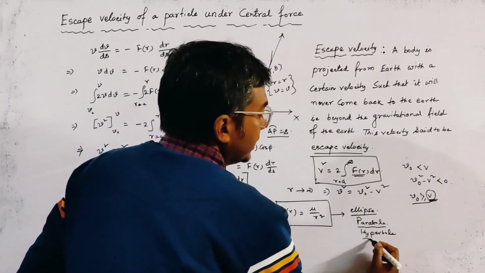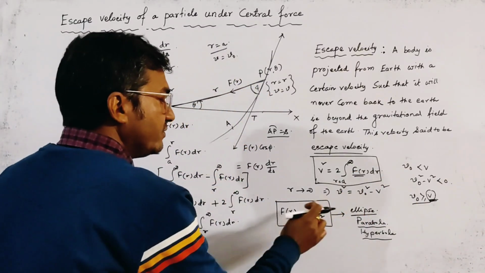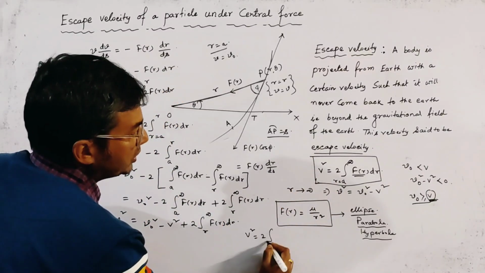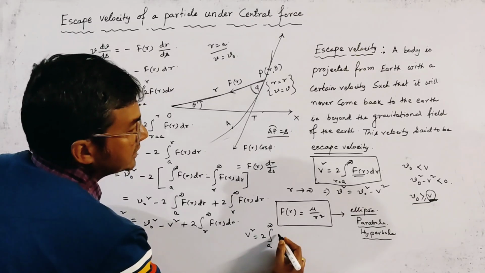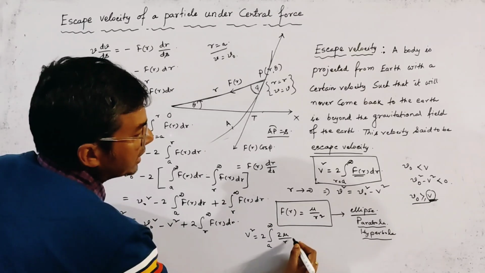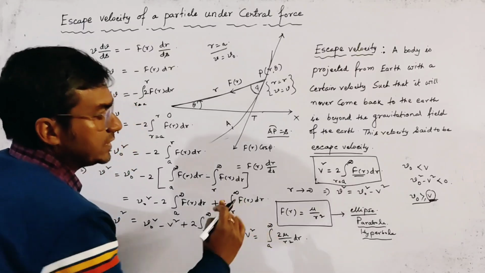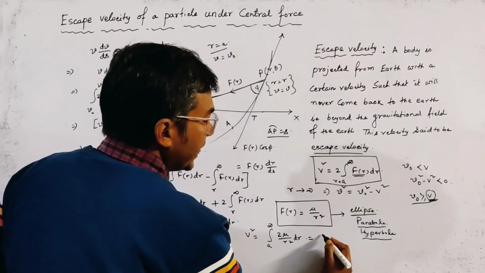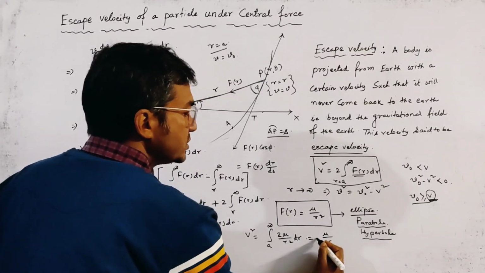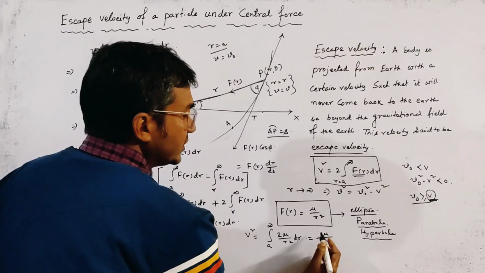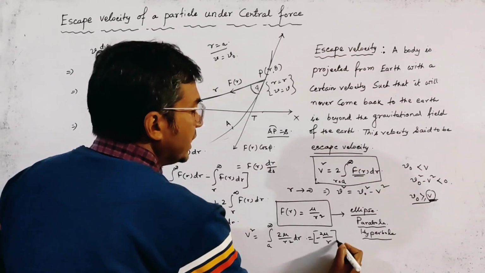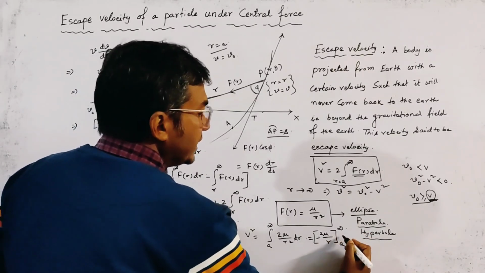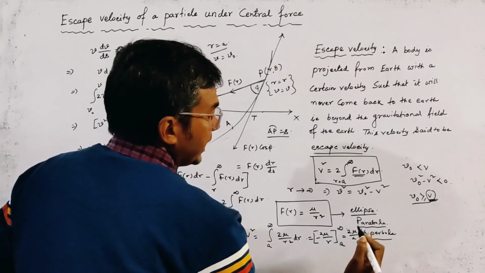Okay, and in this case, we get the velocity at first from here. This is given by v0 square equal to 2 into integration a to infinity 2 mu by r square dr. By integrating, we get the result mu by r, minus obviously, and now putting the range of integration a to infinity, we get 2 mu by a.